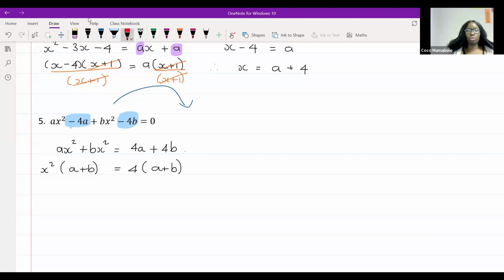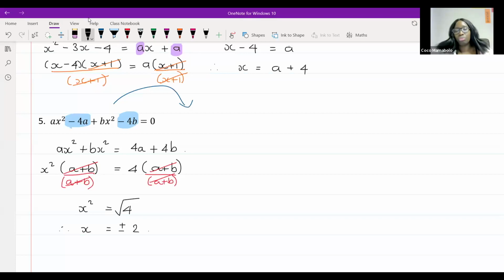Then I'm going to divide this side by a plus b, and then divide this side by a plus b, and that will cancel with that. Then we'll find that x squared is equal to 4. And then I can just square root. Therefore, x will equal the square root of 4. That should give me plus or minus 2.